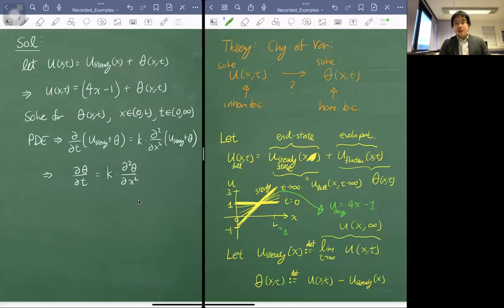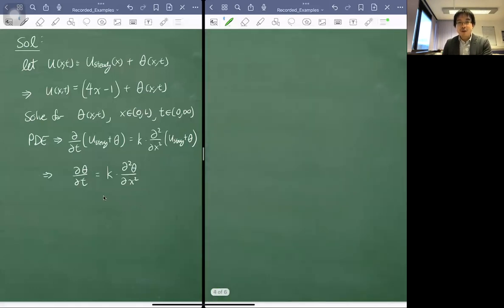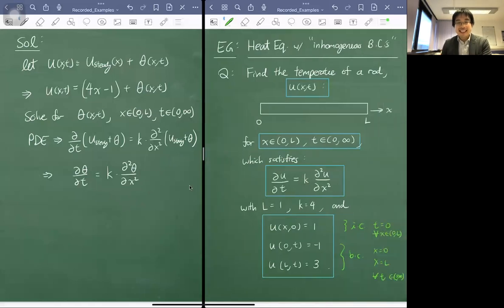Okay, so very interestingly, if you compare with the original PDE for u, this is exactly the same. So by going from u to theta, the target function is different, but the domain is the same, and the PDE is the same.